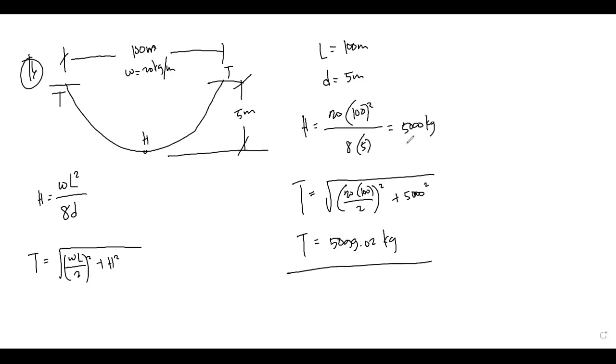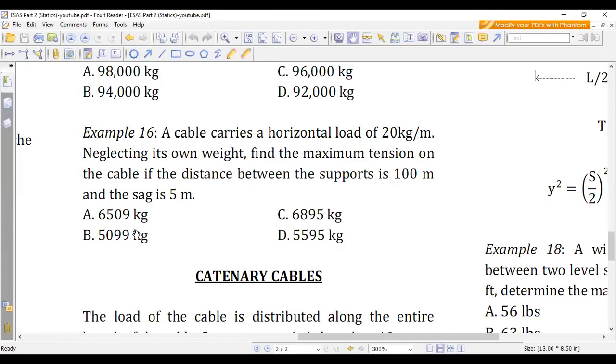So we'll take a look at the choices, if it is in the choices. So that's 5,000, that's in letter B. Okay, so that's 5,099 kilograms.